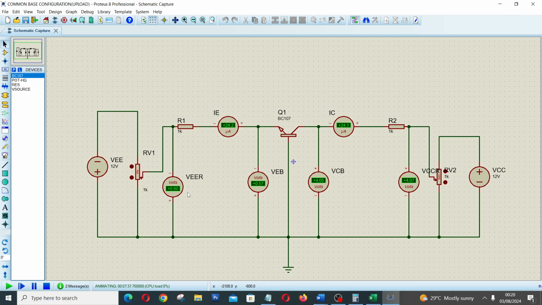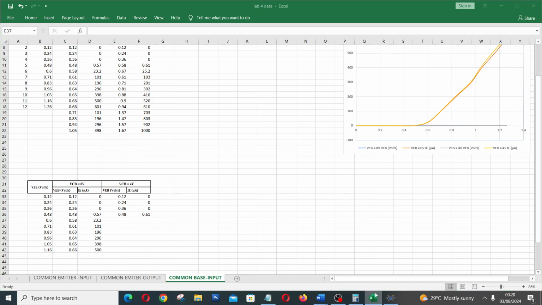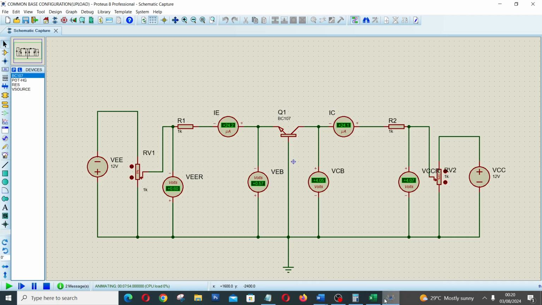At 0.6 we get VEB to be 0.57, and the other one is 24.2. So let's iterate again.